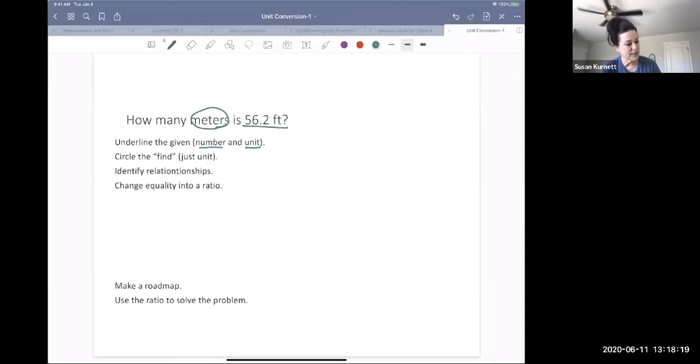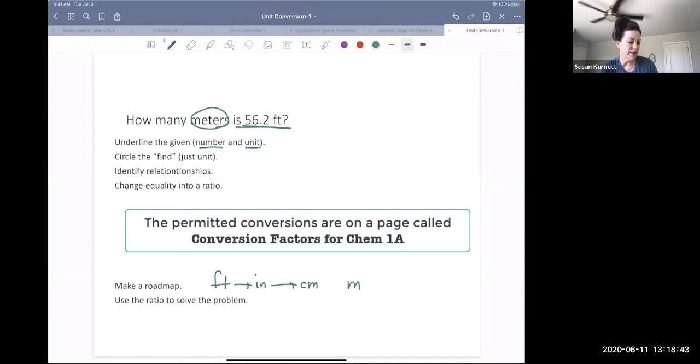Okay, so I'm going to start with my roadmap. Because I underlined 56.2 feet, I'm starting with feet, that's the given, and I'm headed to meters, and I don't know one relationship. I do know how many inches are in a foot. And I do know how many centimeters equals an inch. We just looked at that on the other page, and I know what centi means. So here I have 3 arrows in my roadmap.